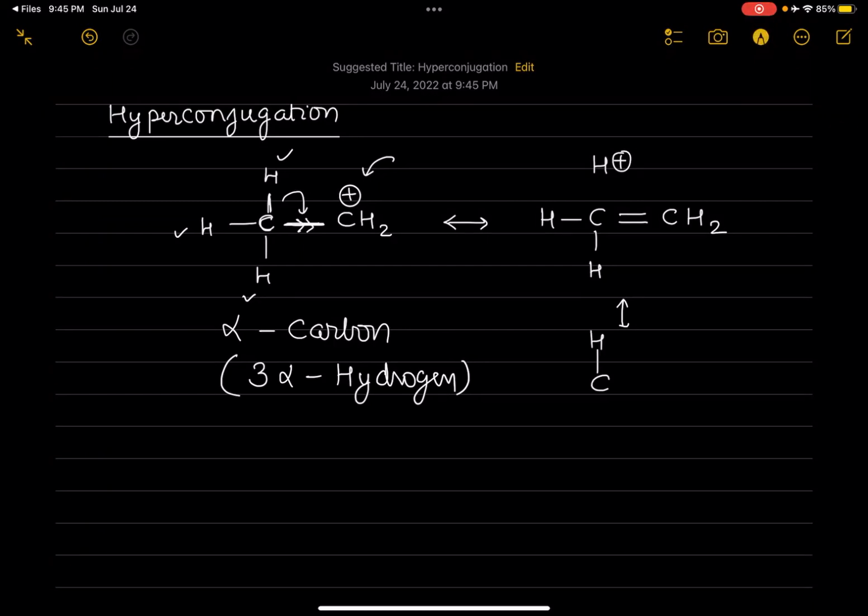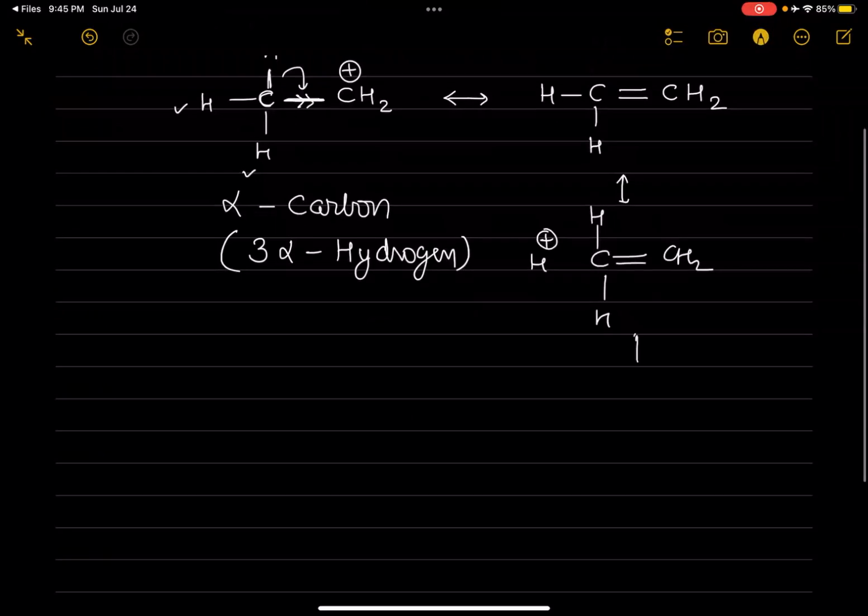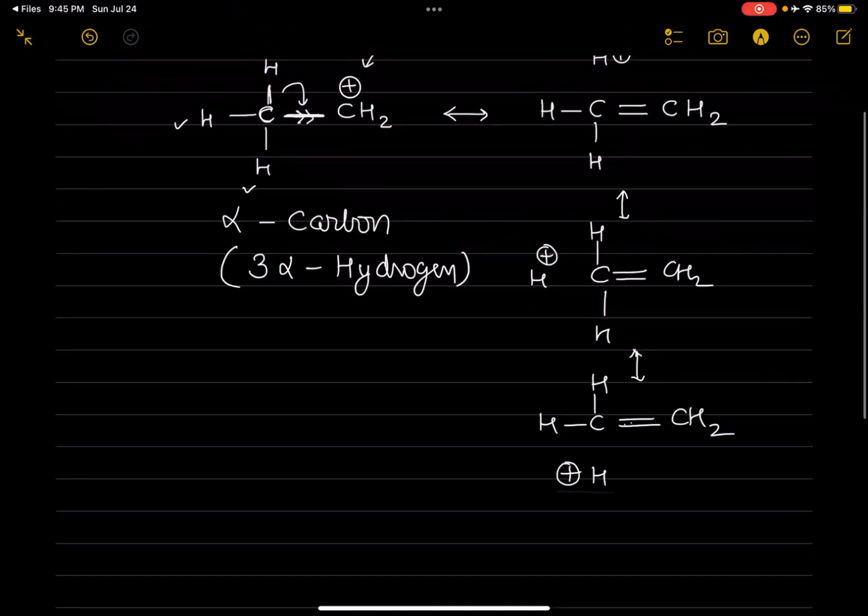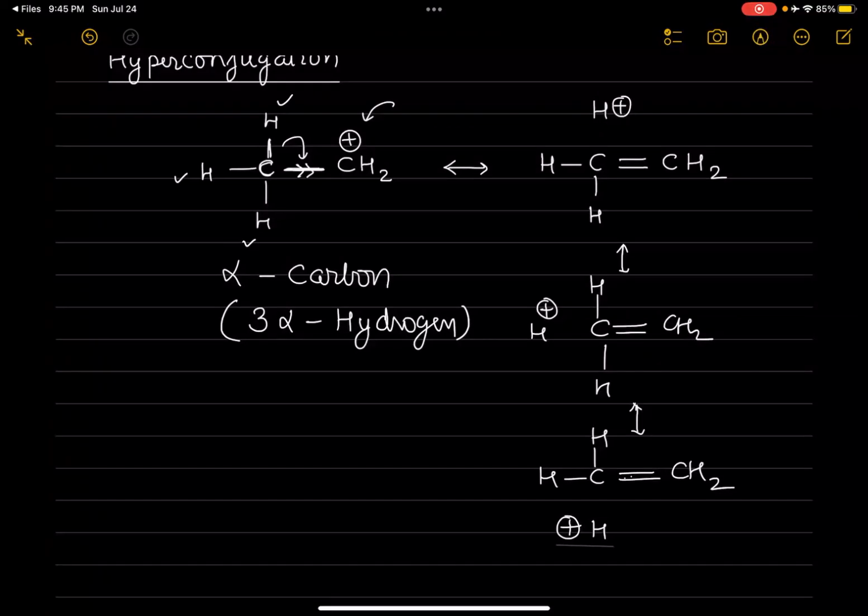I will show one more structure in which I do the hyperconjugation of this C-H, and one more structure in which the third C-H bond participates in hyperconjugation. This is the way it happens.